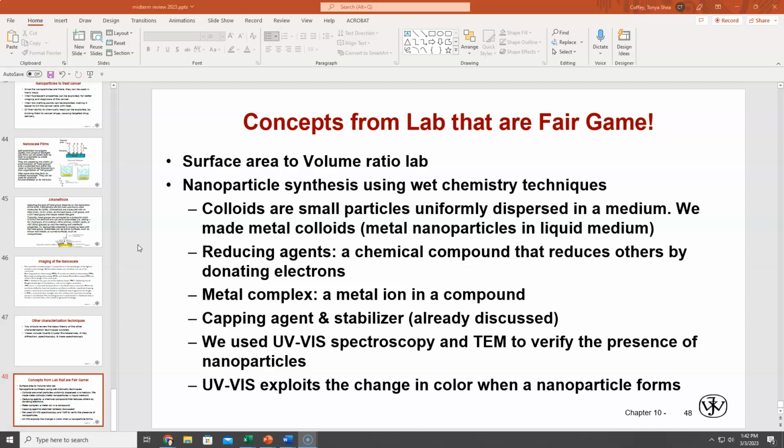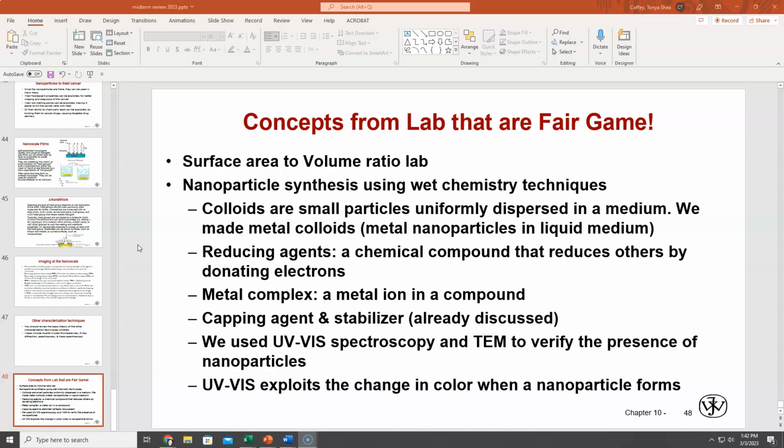Now, the way that we made both of these is generally the same idea. We used a metal complex, which is a metal ion in a compound. Specifically, we had metal salts with the silver nitrate and the gold tetrachloroaurate. So those are our metal complexes. And then we used a reducing agent. A reducing agent is a chemical compound that reduces others by donating electrons to it.